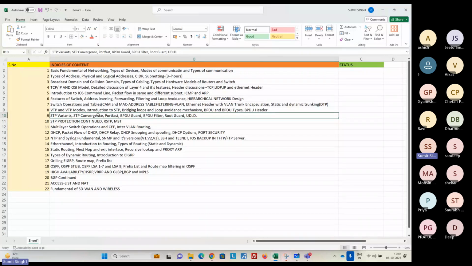As far as the material is concerned, I will share the Cisco guides themselves with you. I'll share the PDFs of Cisco switching and Cisco routing, so that you can directly relate to them and read them. Let me tell you, they are among the best books in the market.